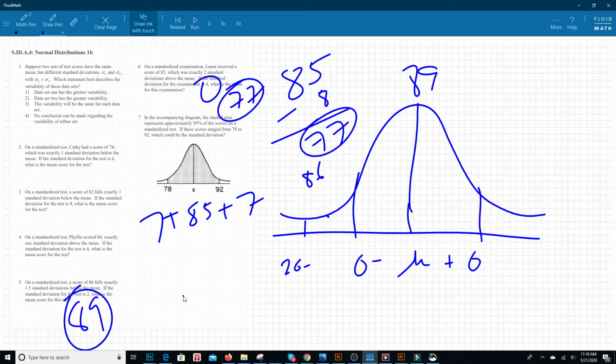That's 2 standard deviations. So 1 standard deviation is just going to be 3.5. That's what they're asking.